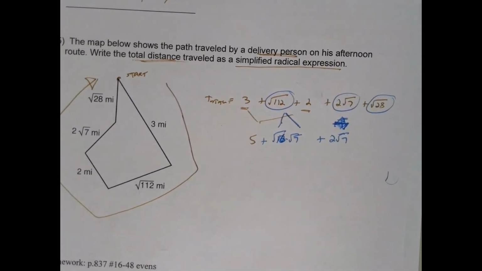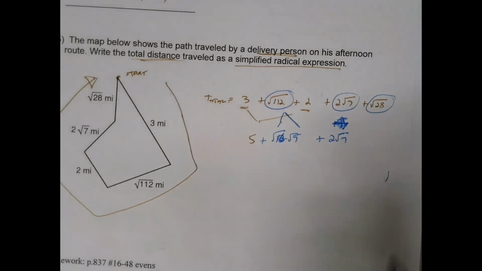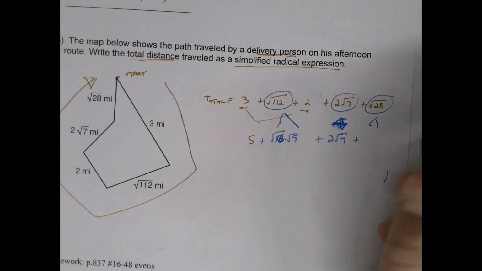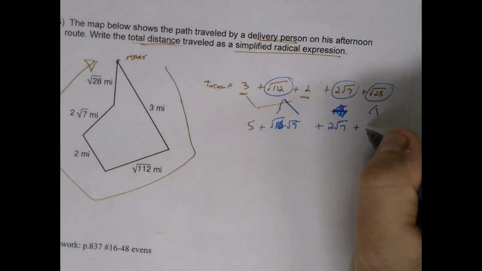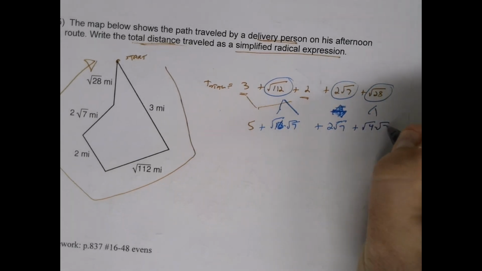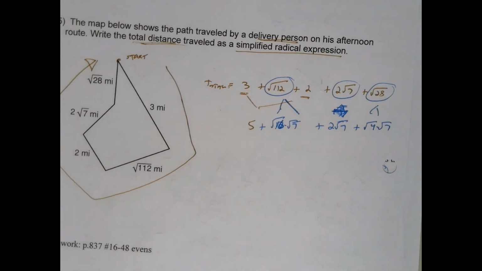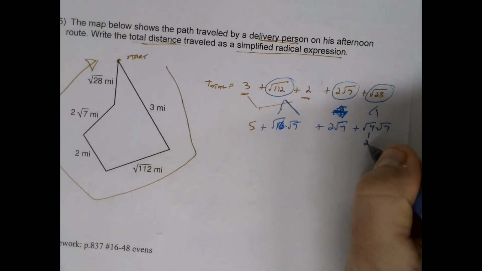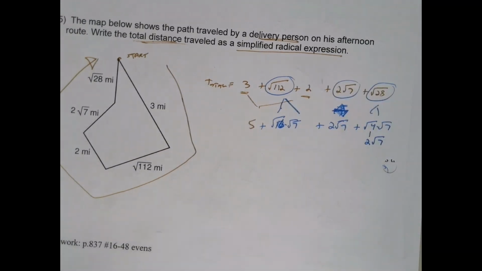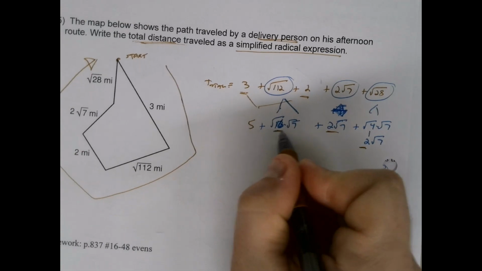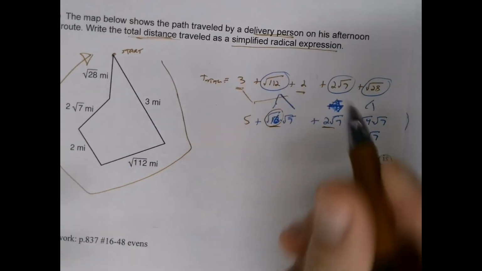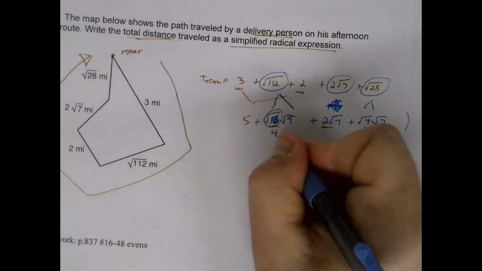Okay. And then what about root 28? 4 and 7. Good job, Dalton. So now we have everything like we want, right? So what's root 4 times root 7 become? 2 root 7. So now we just put our like pieces together. How many root 7s? Well, this guy is really going to be what? That's 4 root 7, right?